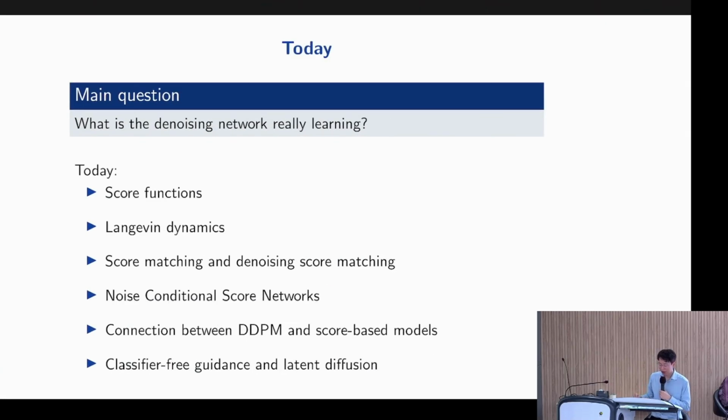Okay, so today, we're going to give you a bigger picture that encapsulates all the diffusion models. And then towards the end, make connection back to DDPMs. So the main question is, what is the denoising network really learning? And there are many ingredients today.